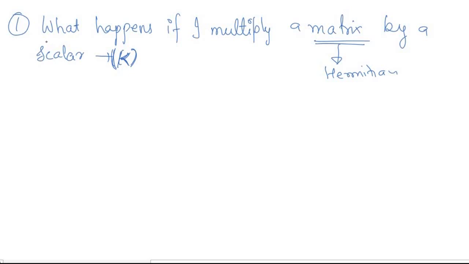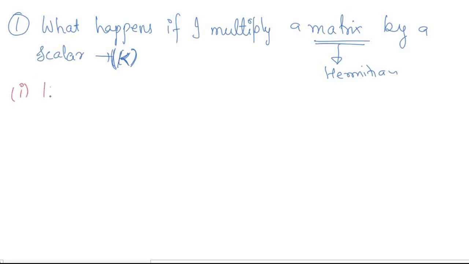Now it depends upon what k is. k is a real number, or a purely imaginary number, or a complex number. So first you should think about it, and I am going to start.